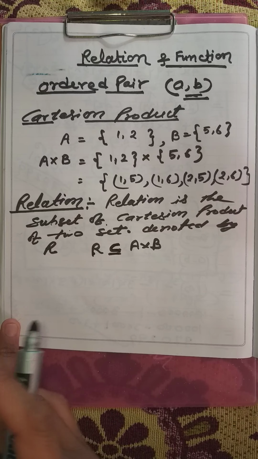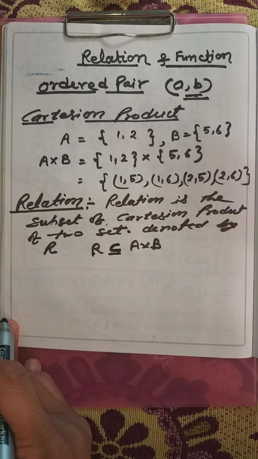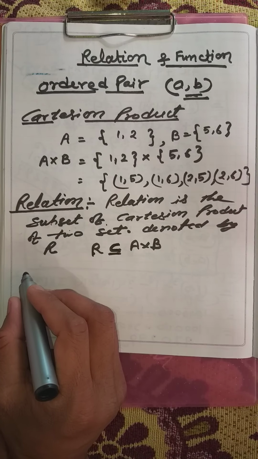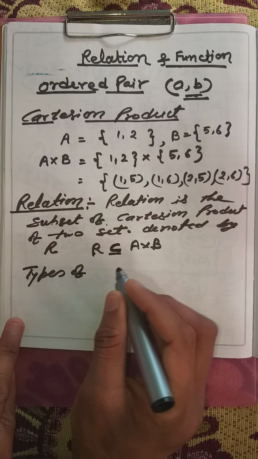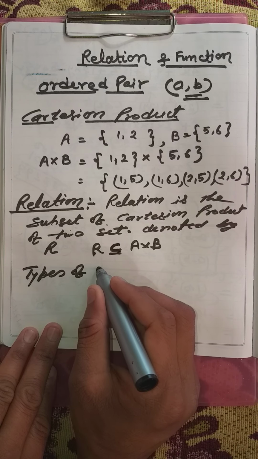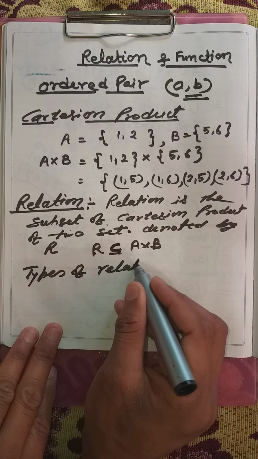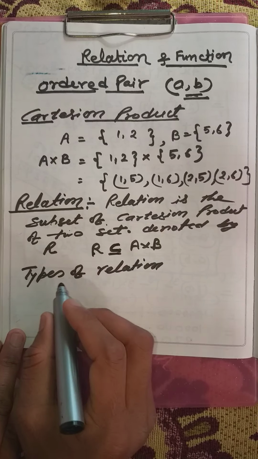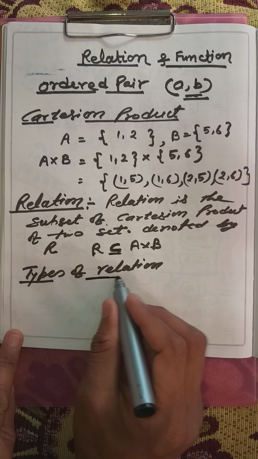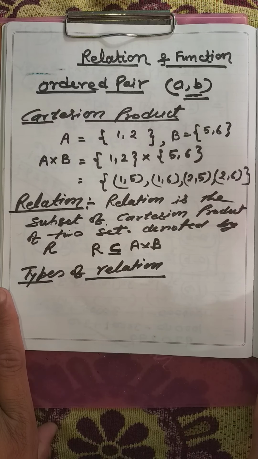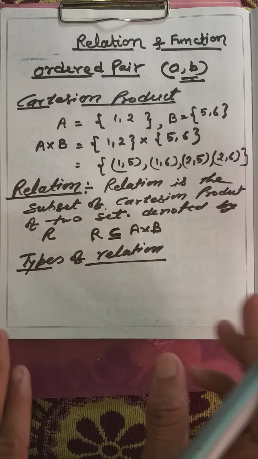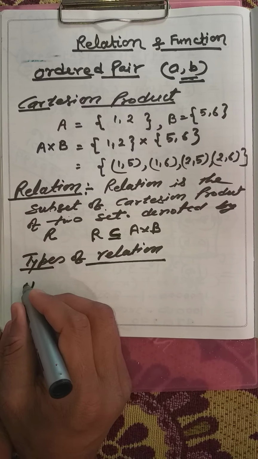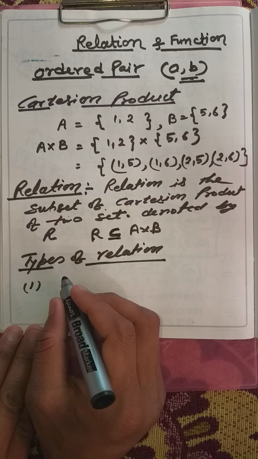Now come to the point: types of relation. Relations are basically of three types. Number first, reflexive.